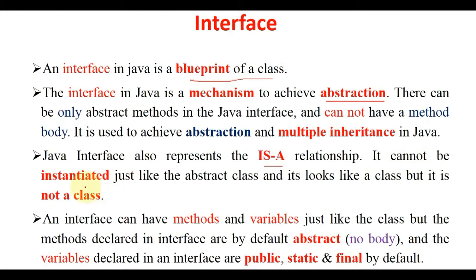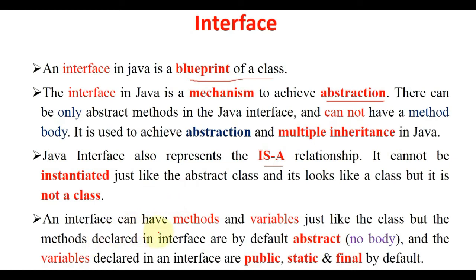It cannot be instantiated, just like an abstract class, and it looks like a class but it is not a class. Please remember that. It is a demonstration of what a class should have. It describes the abstraction part only and hides the details.